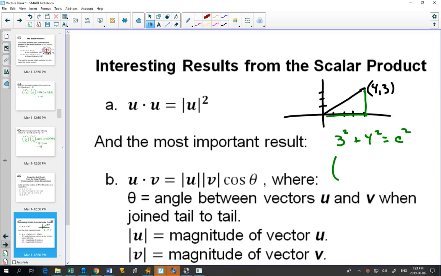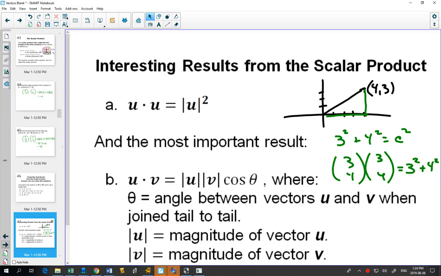Notice what happens with the dot product of the same vector. You would get 3 squared plus 4 squared, which should equal c squared, which is the length squared of your vector. Okay, still kind of interesting, but not super interesting until we get to this result.